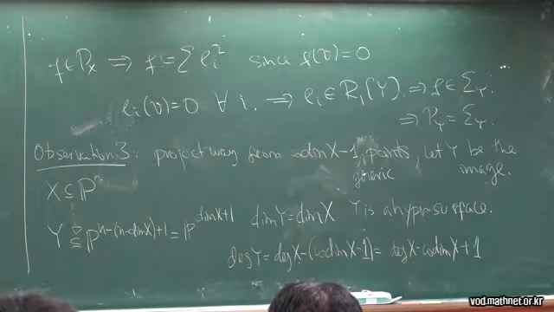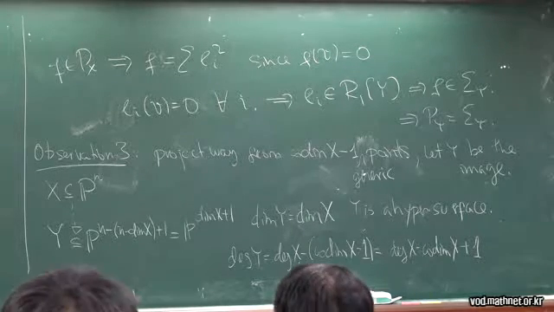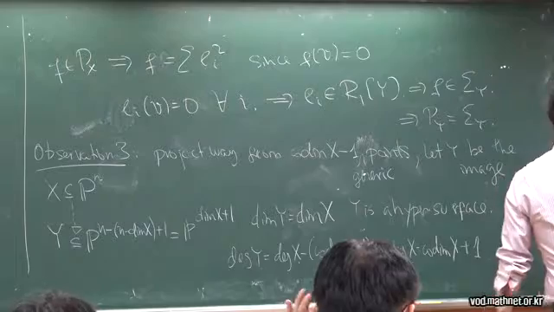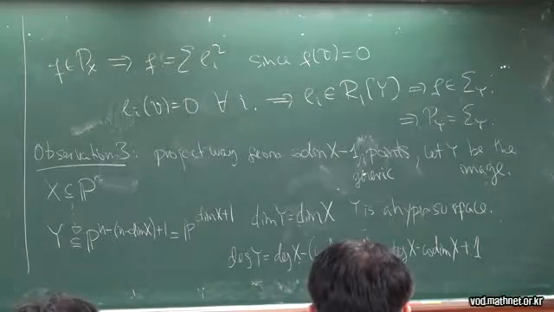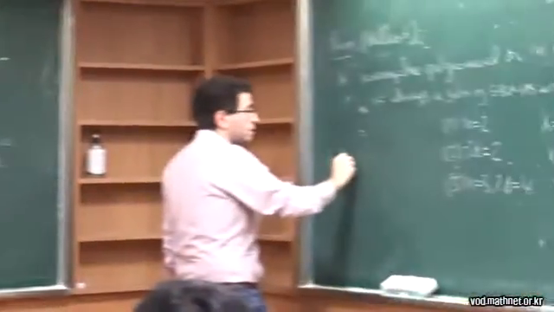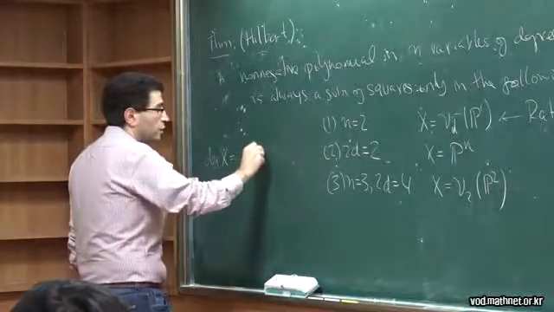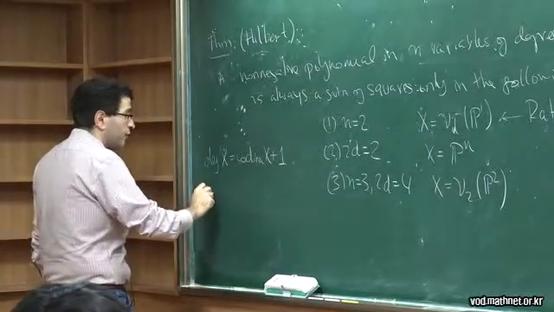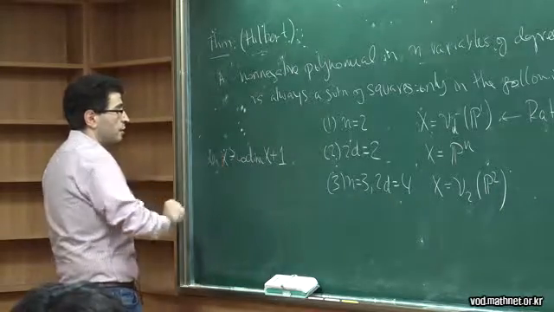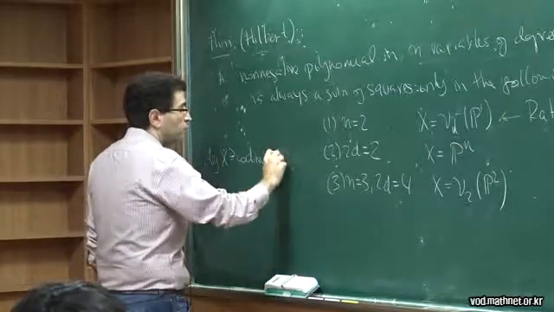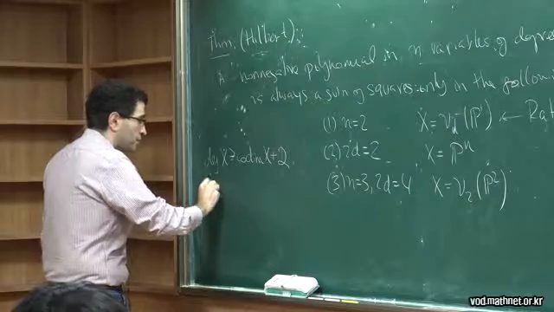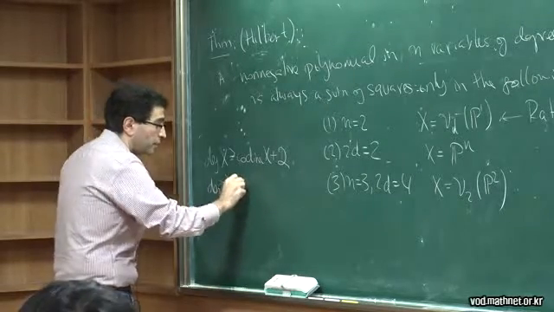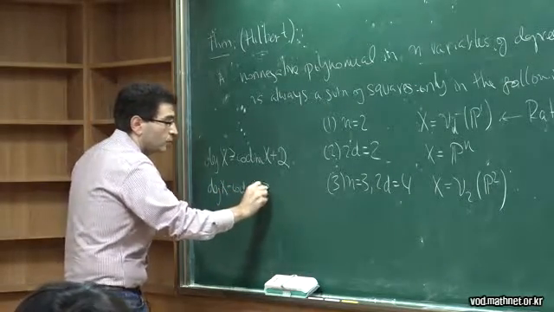And now, let me just recall, if you have a variety of minimal degree, the degree of x is equal to codimension x plus 1, which means that x was not a variety of minimal degree, which means that the degree of x was at least codimension of x plus 2. Or in other words, degree of x minus codimension x was at least 2.